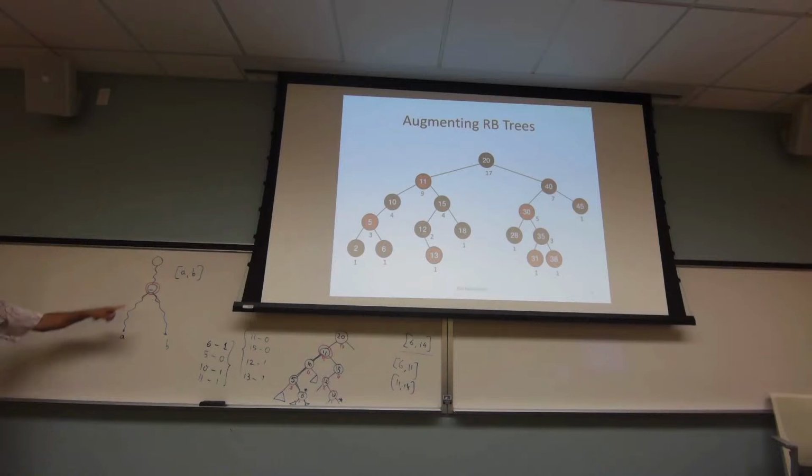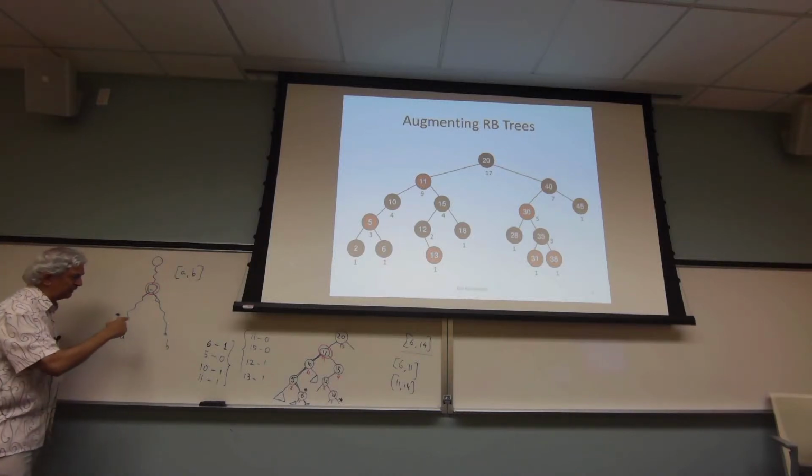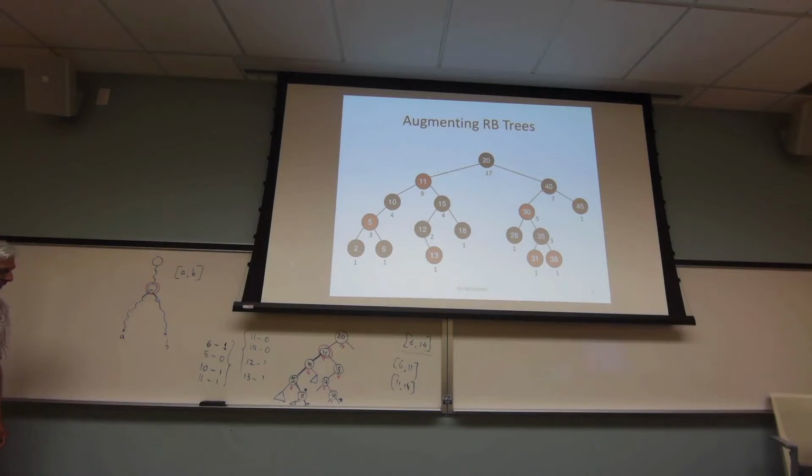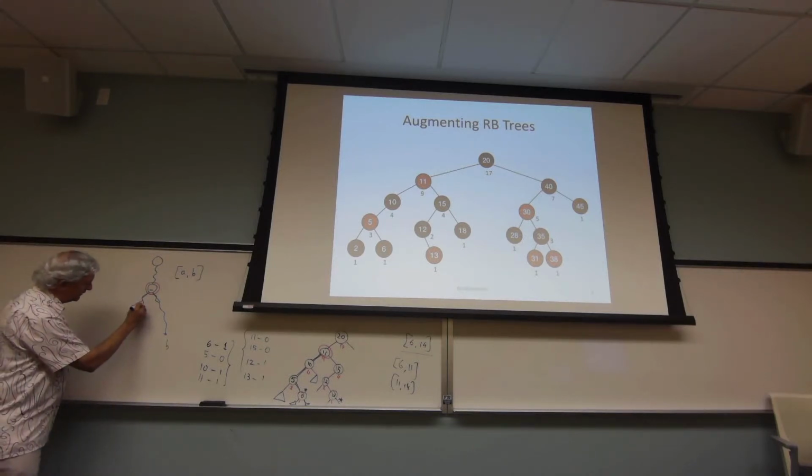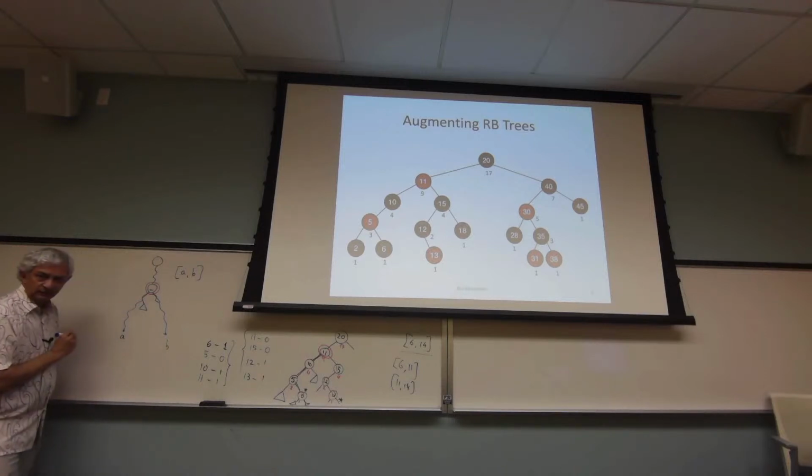Along this path we are going to add things, and that's how we will get the number of values between A and B in this tree. The way we do that is for every node we see if there is a right subtree.